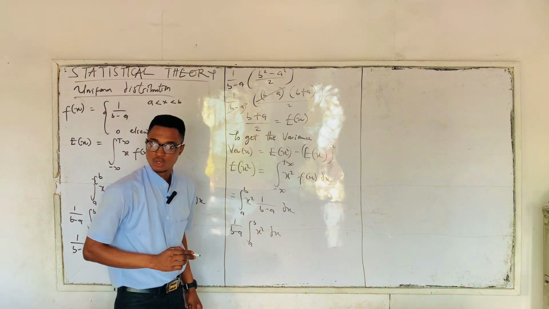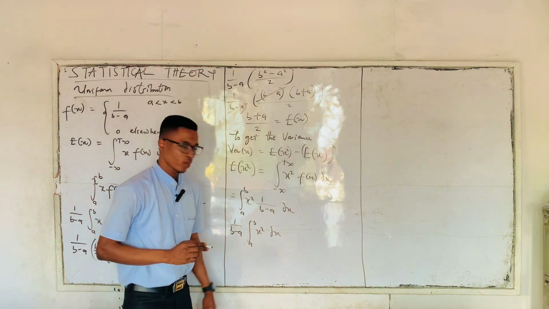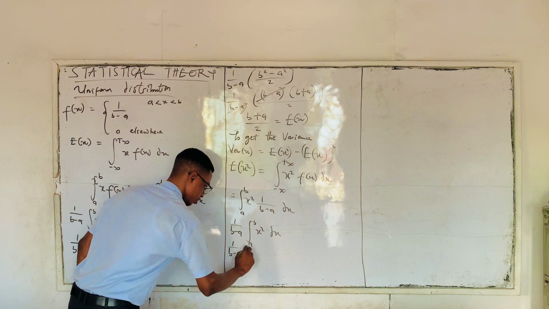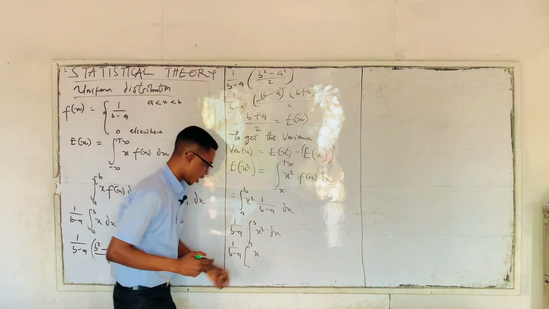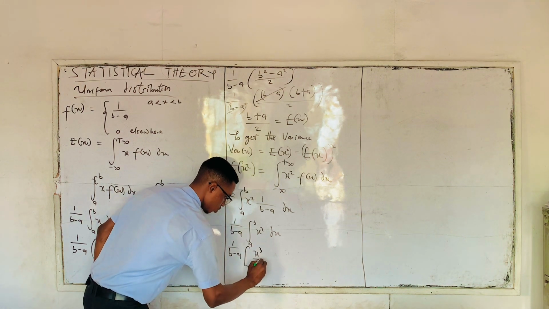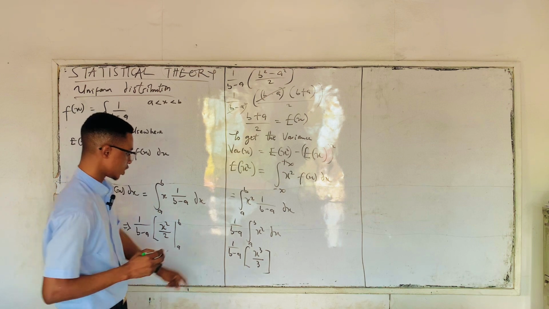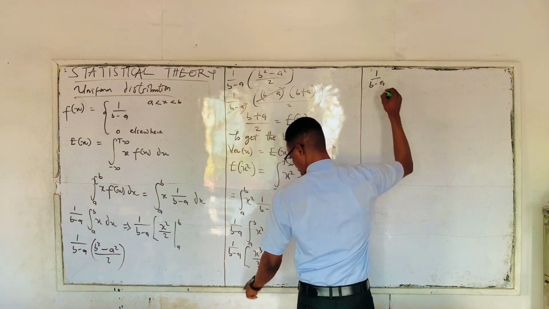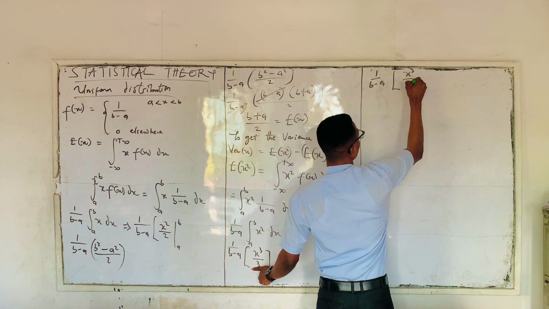Now the next thing to do is to integrate this x with respect to x. We have 1 over b minus a. If we integrate x squared, we have x raised to power 3 over 3. Now we have 1 over b minus a, x raised to power 3 over 3.